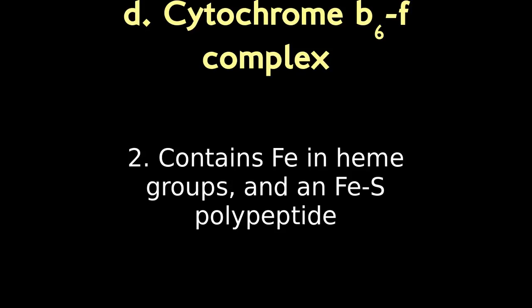And it contains iron in a heme group. This is again similar to what we were saying with the cytochromes that we talked about in the electron transport chain in mitochondria. And an iron sulfur polypeptide.